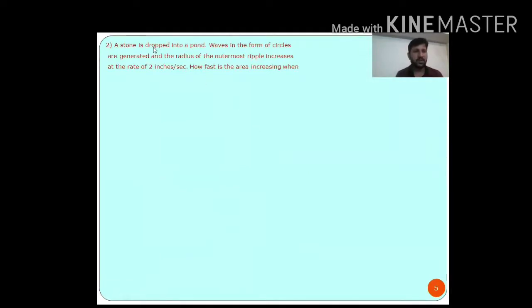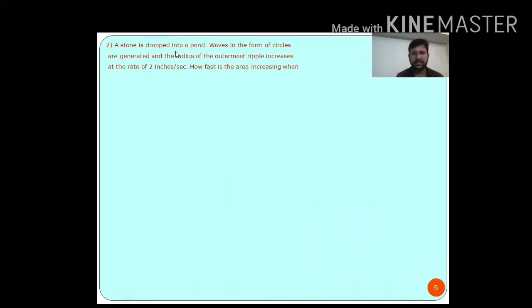Second question: a stone is dropped into a pond. Waves in the form of circles are generated. The radius of the outermost ripple increases at the rate of 2 inches per second.